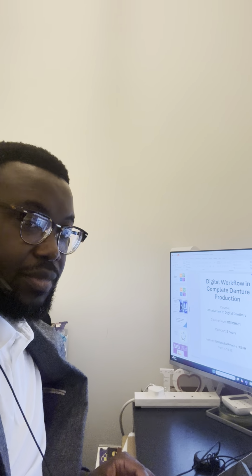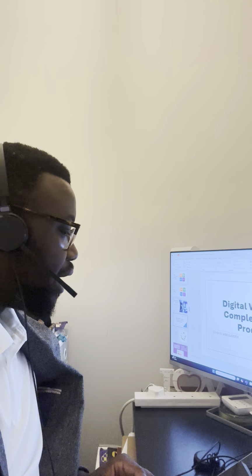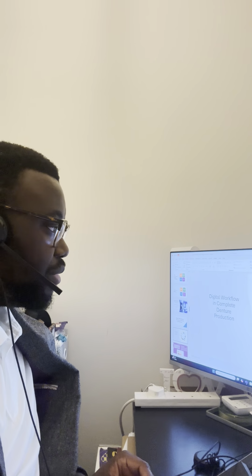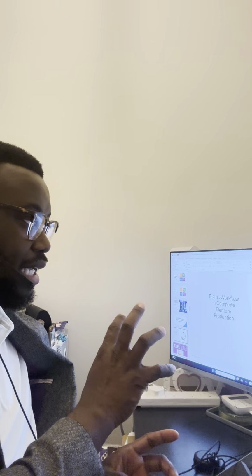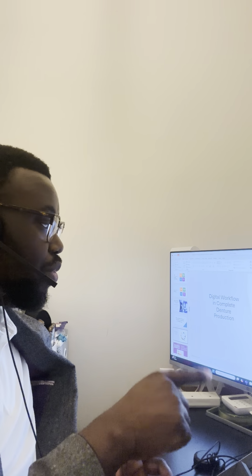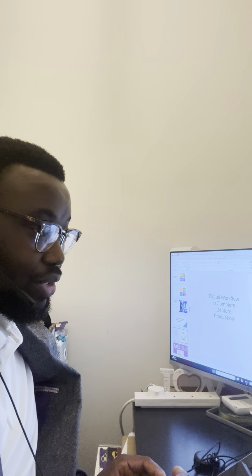Okay, so if you look at the picture that we have on the screen there, you can see this is an illustration of the digital workflow in complete denture production.